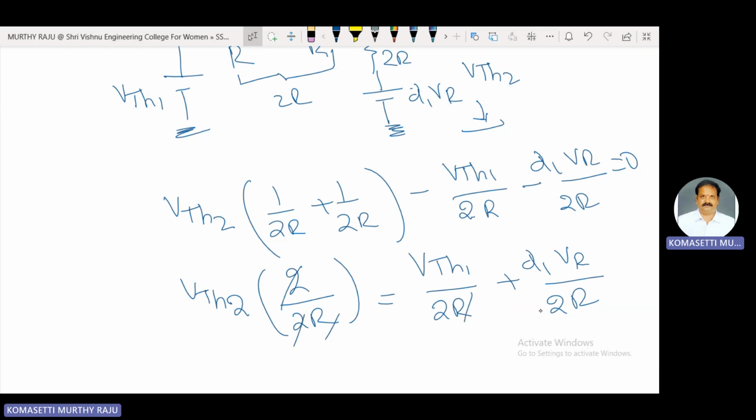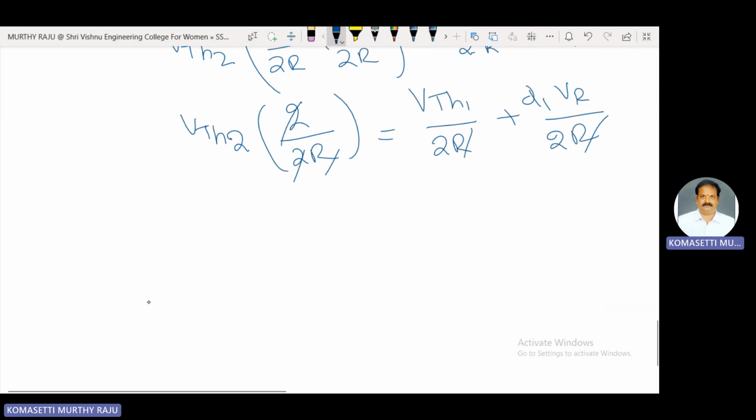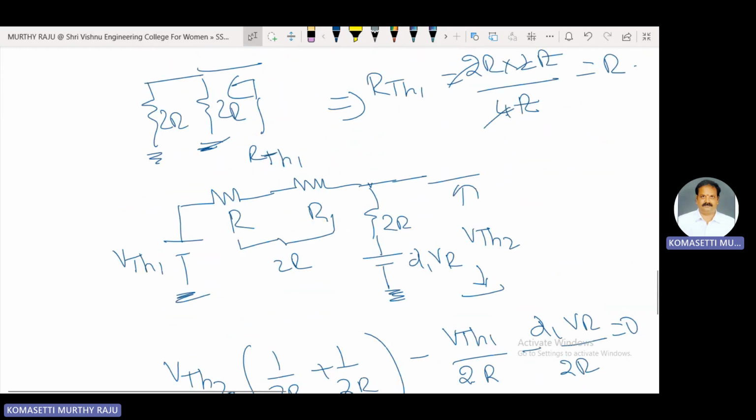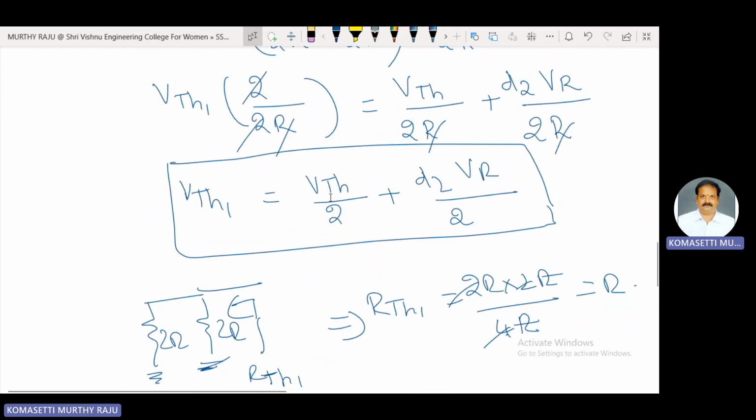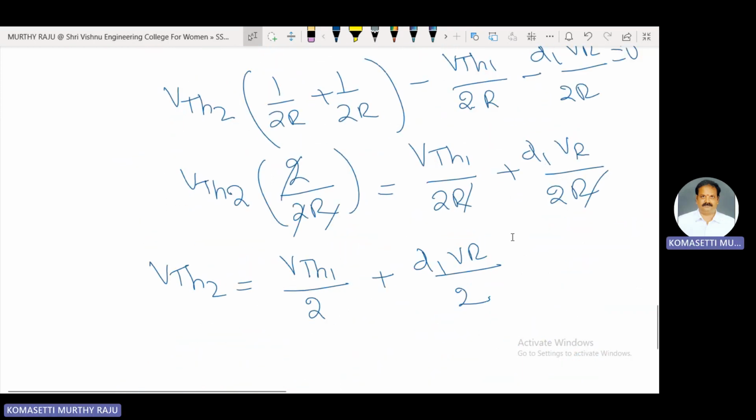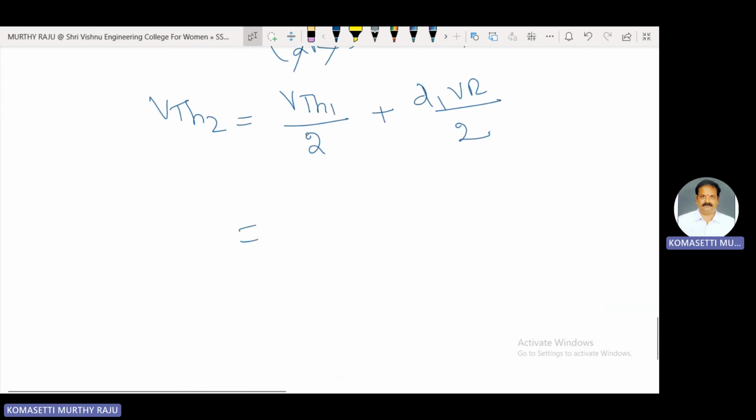2 cancel, R cancel. Therefore, VTH2 is equal to VTH1 by 2 plus D1 VR by 2.